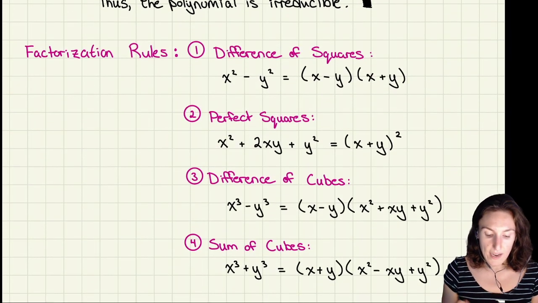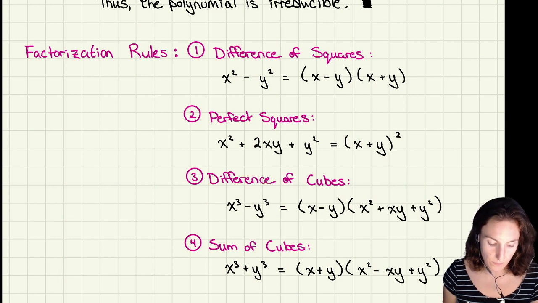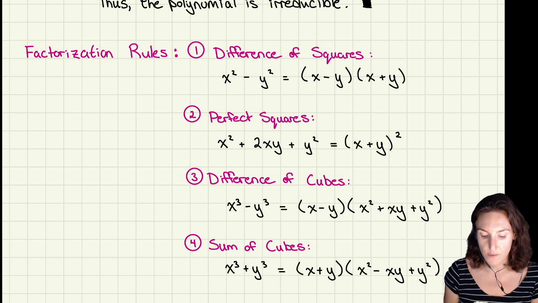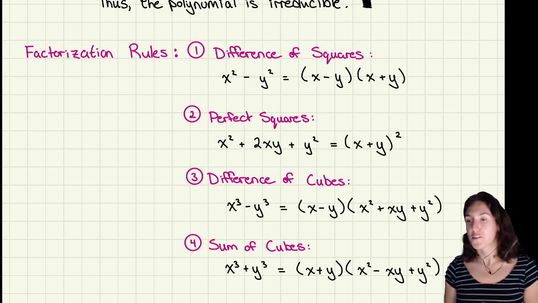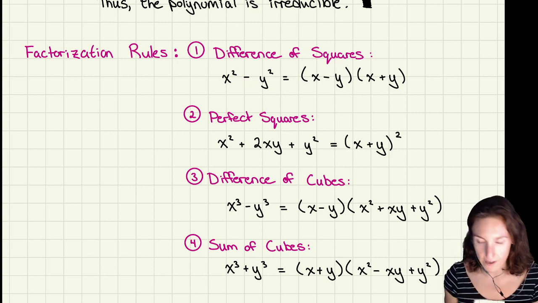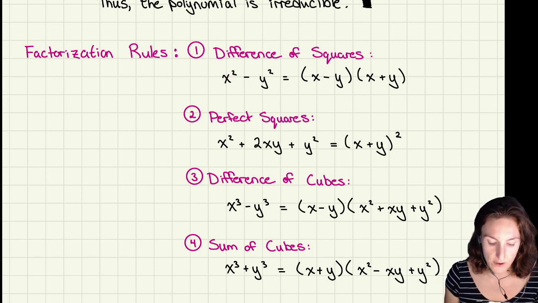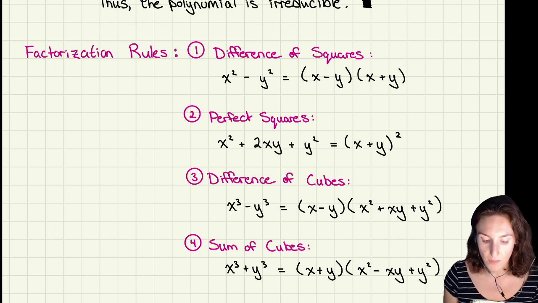And here's some nice factorization rules. We have the difference of squares, which is if you have no, I almost said crosshairs. If you have no cross terms, so things with x and y, I just have an x squared, a y squared, and I have a minus or a plus. I can factor this immediately like this. So same factoring except one of the terms is minus, one of them is plus.